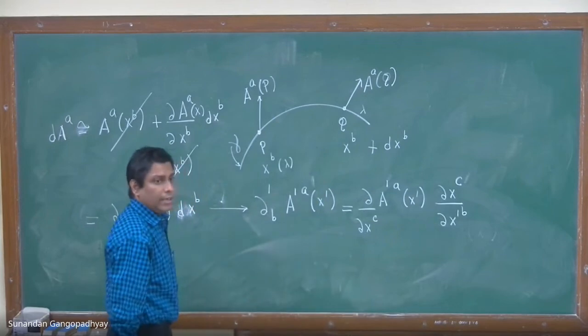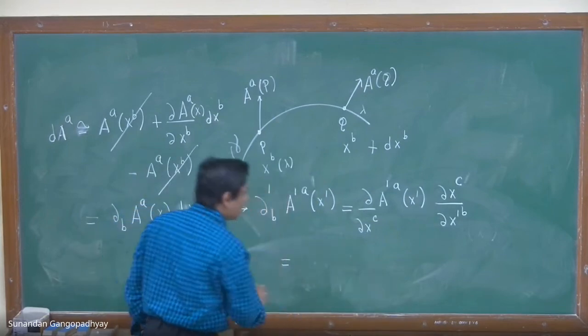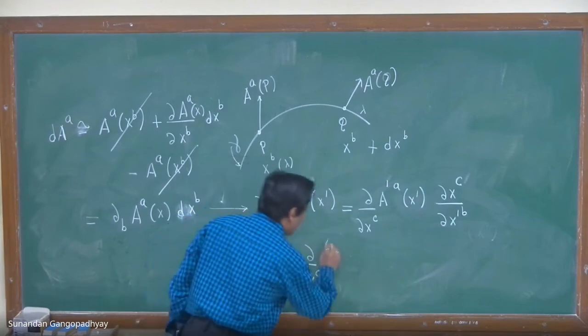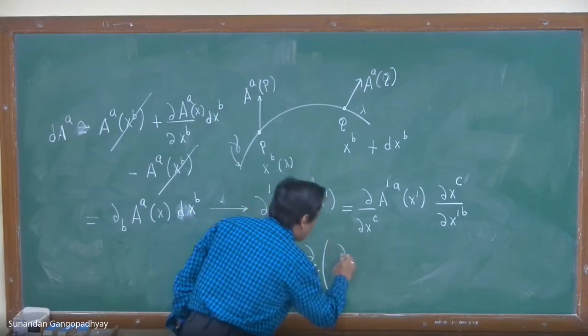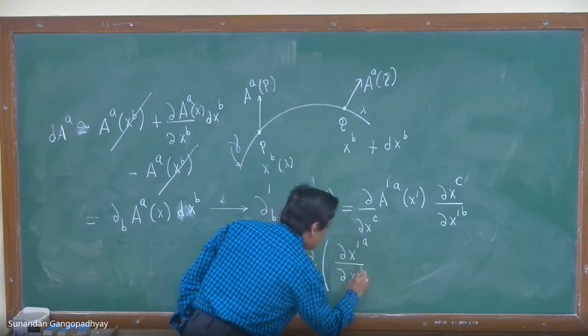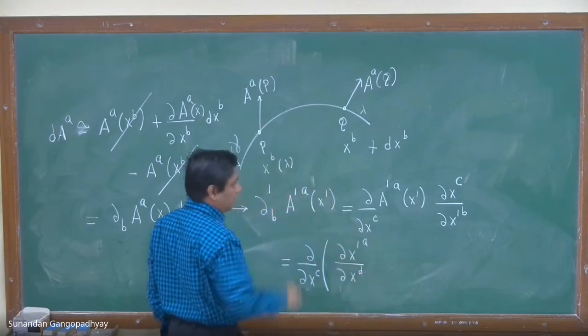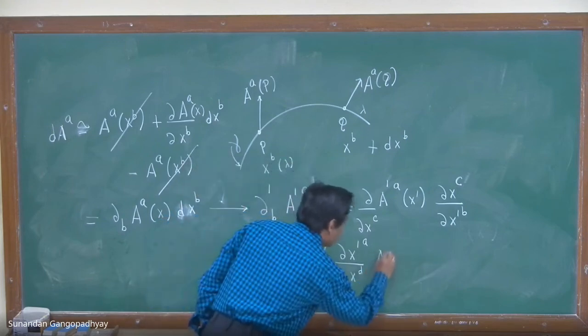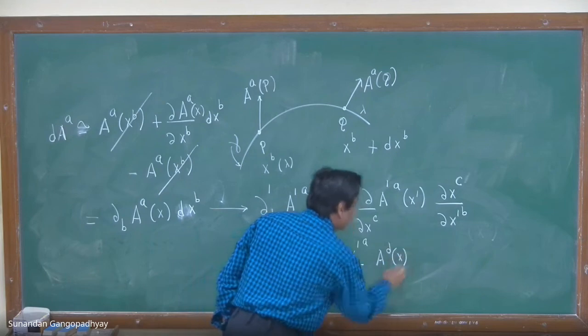This is a vector, so it should transform like a vector. So I can write this as del x^c over del x prime^a, del x^b over del x prime^b, times dx.